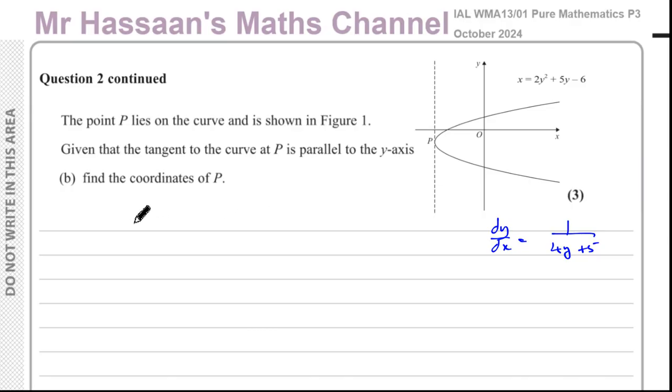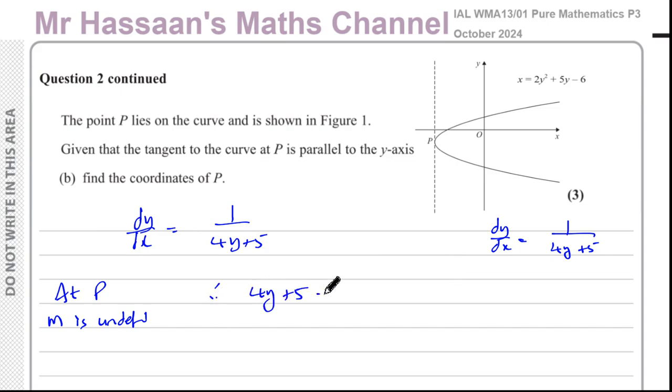We know dy/dx is equal to 1 over 4y plus 5. Because the gradient at P is undefined, since it's a vertical line, at P the denominator 4y plus 5 has to be equal to 0 for this to be undefined.